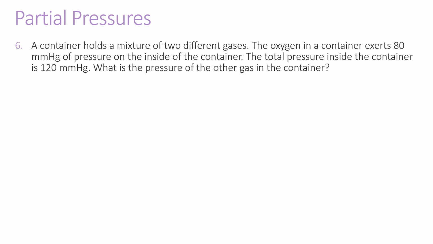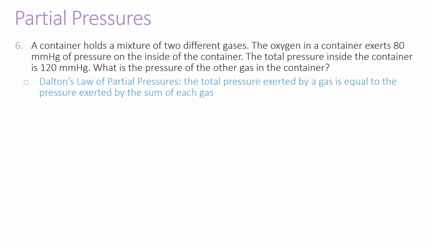Number 6 is a partial pressure question. And a big hint to that is that we have a mixture of 2 different gases. So Dalton's law of partial pressures says that the total pressure exerted by a gas mixture is equal to the sum of the pressures exerted by each gas in the mixture. So basically the total pressure is the sum of the partial pressures.